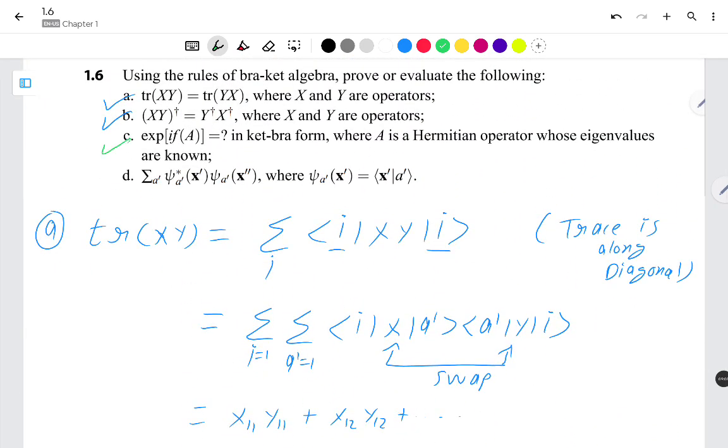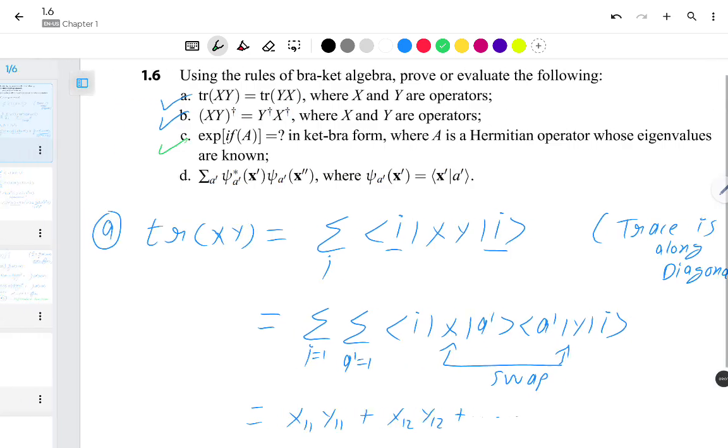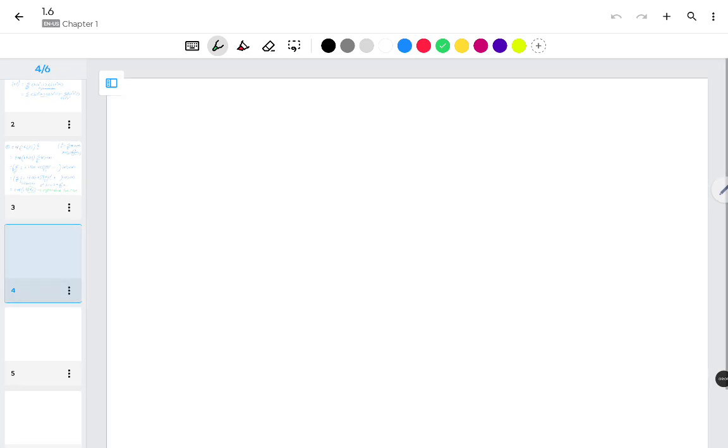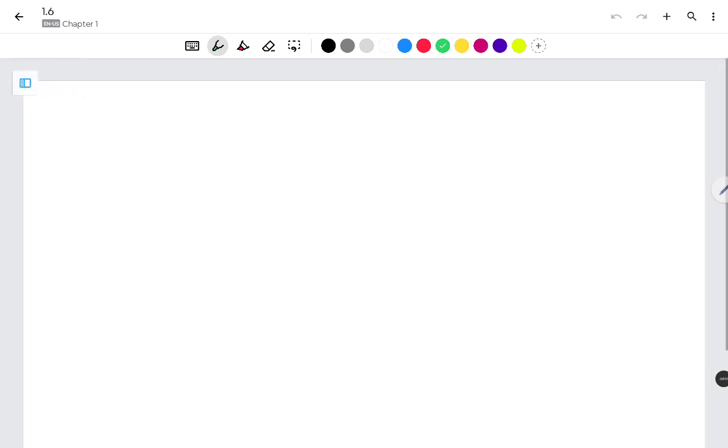Okay, fine. Now we need to look at this psi star psi. So what we are asked is this.